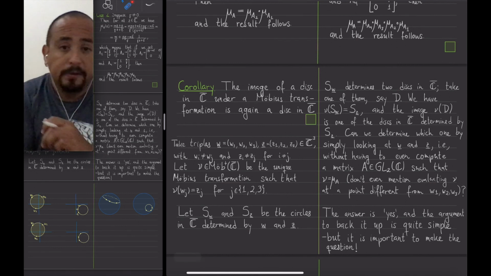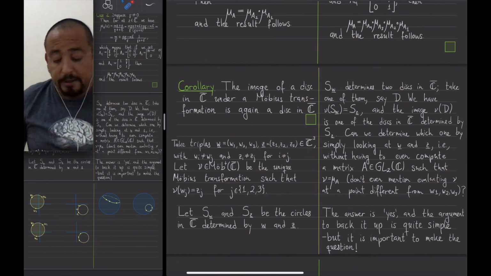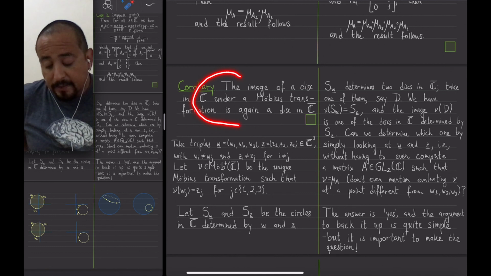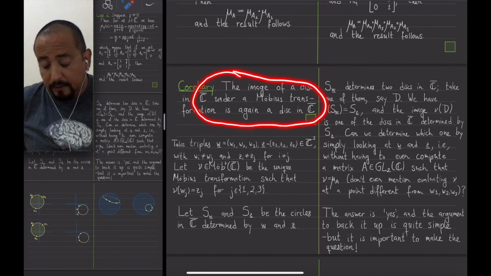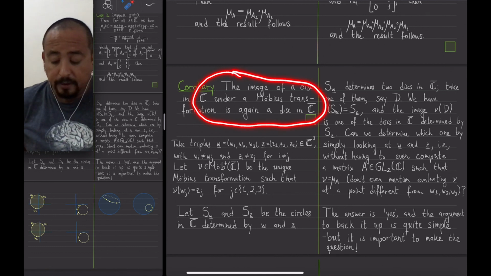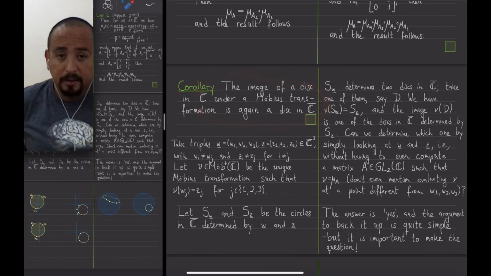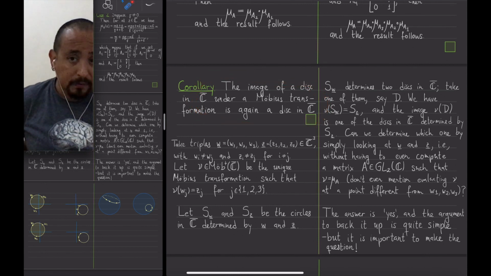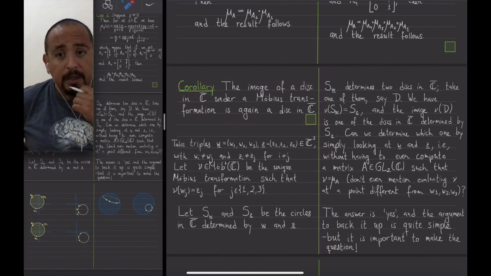As a consequence, by topological considerations, since every Möbius transformation sends circles to circles, and because it's continuous and bijective, it must send disks to disks.